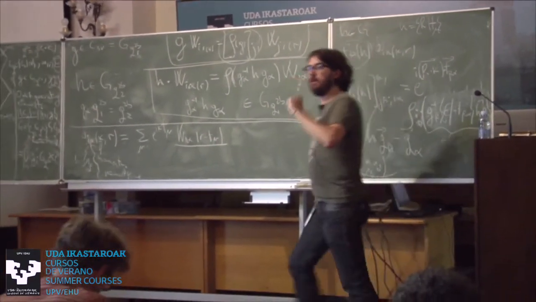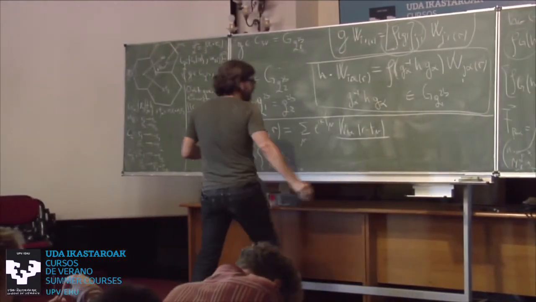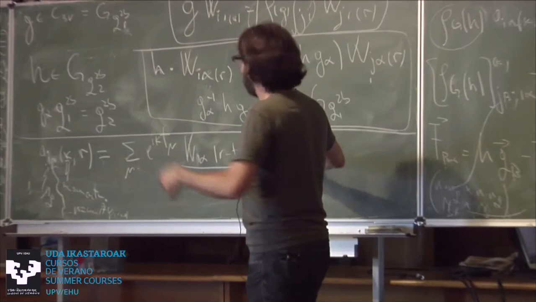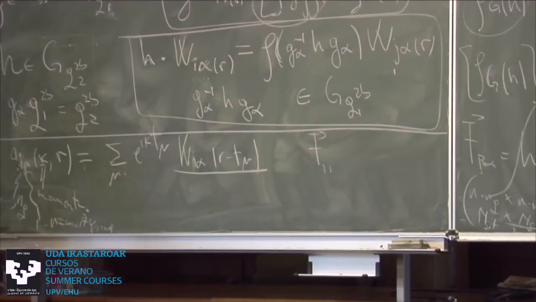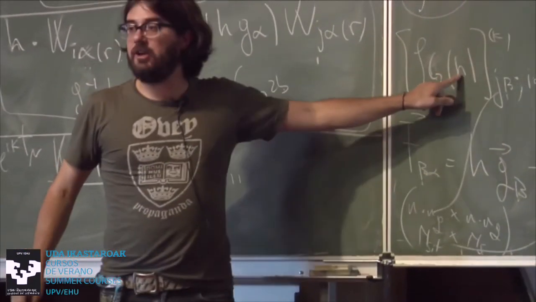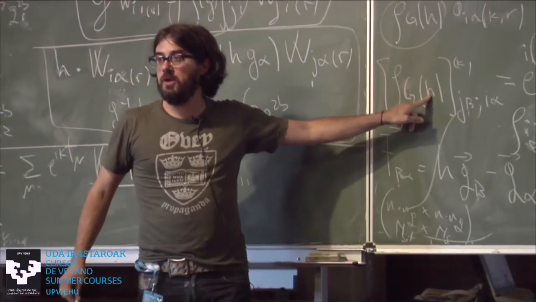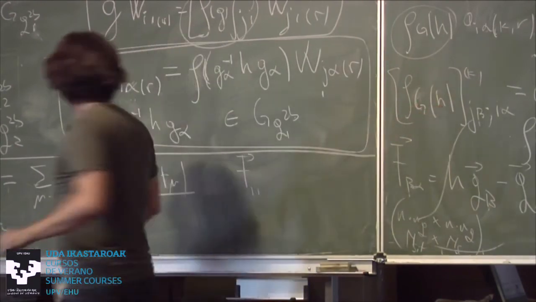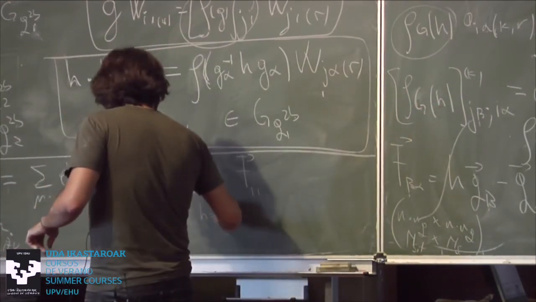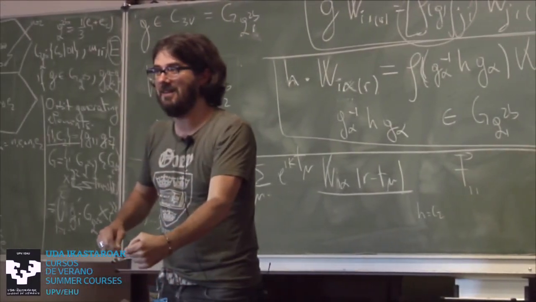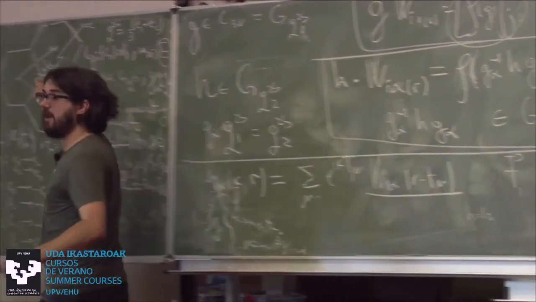So let's see what it does here, right? So let's compute T11 for the graphene lattice. Okay? So T11, and I'll compute it for H equal to C2, right? So H does not belong in the site symmetry group of this guy.